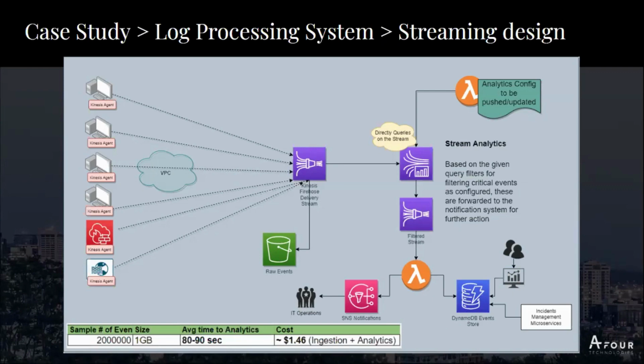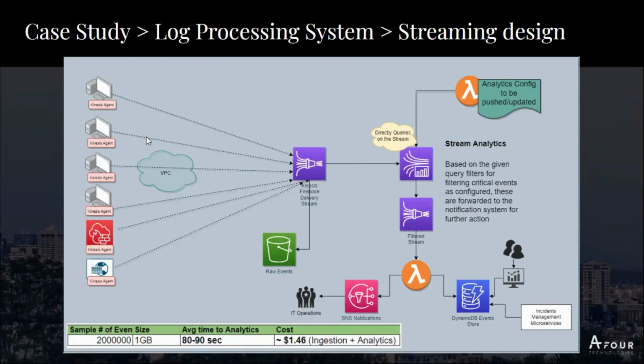And in terms of scale and cost, these are some of the findings that we have seen here. I have taken a small sample because for the streaming, the data is coming continuously, and it's not in a fixed size for all of the appliances, so it will be coming in as a stream. But let's say 2 million events for 1 GB of data.